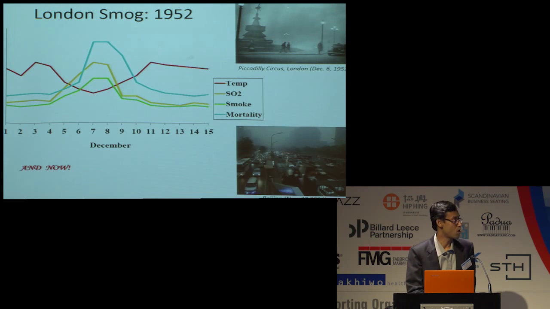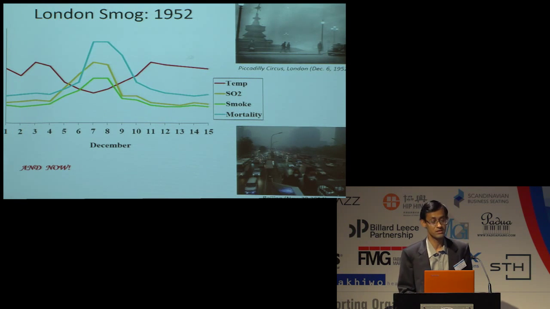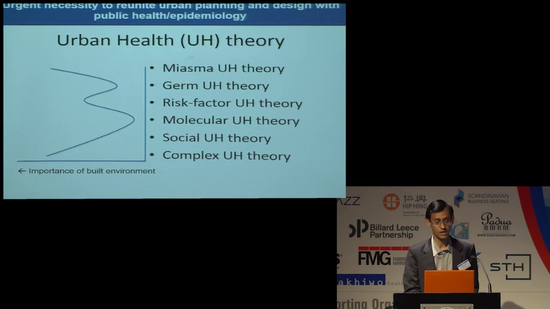Again, you have the London smog of 1952, and now in Southeast Asia, we have air pollution incidences. As you all know, there's an urgent necessity to reunite urban planning and design with public health and epidemiology.